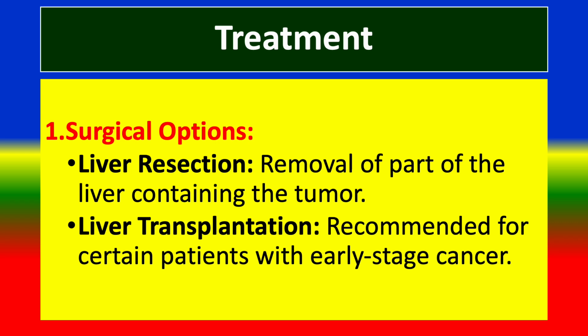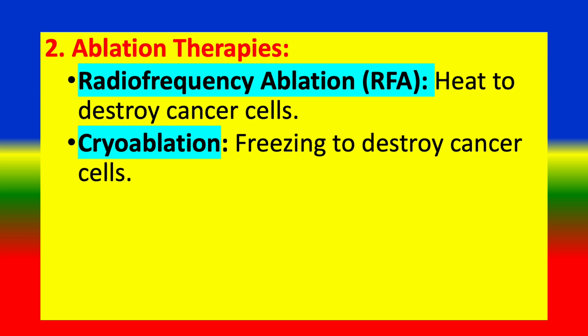Treatment: 1. Surgical options: liver resection, removal of part of the liver containing the tumor. Liver transplantation recommended for certain patients with early stage cancer. 2.